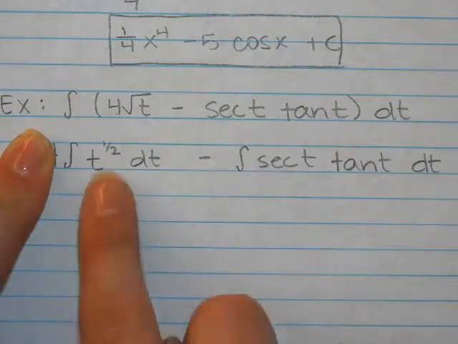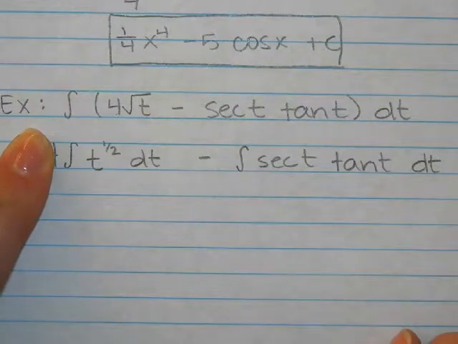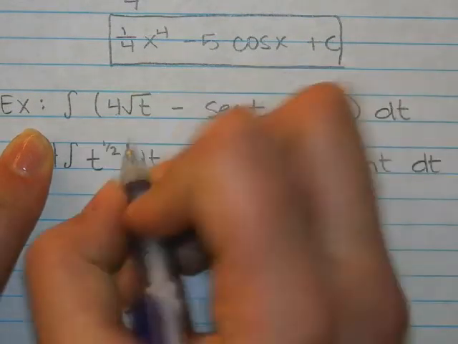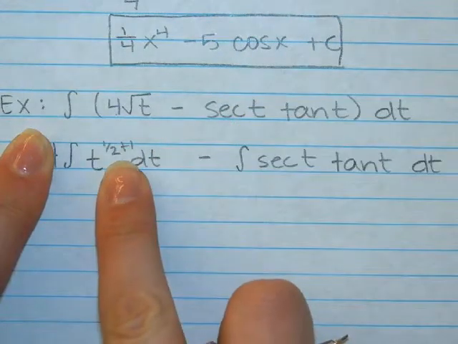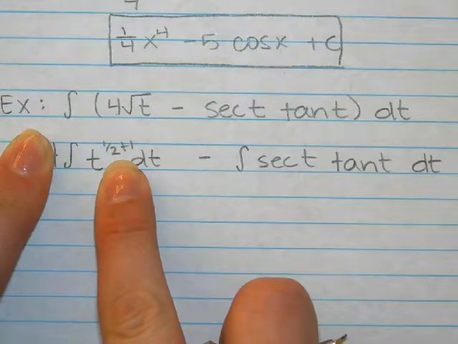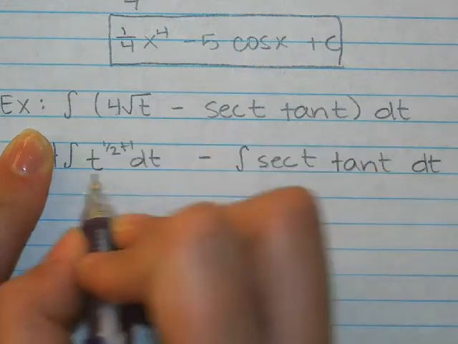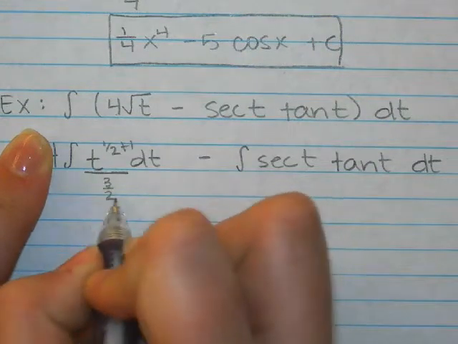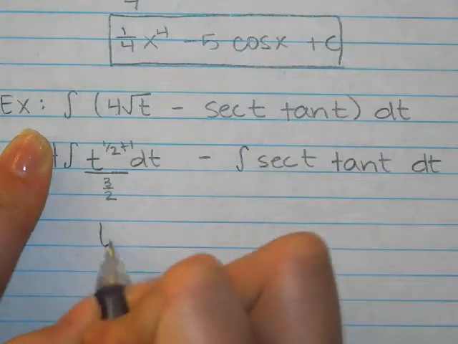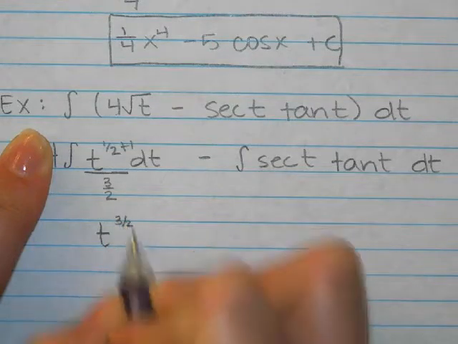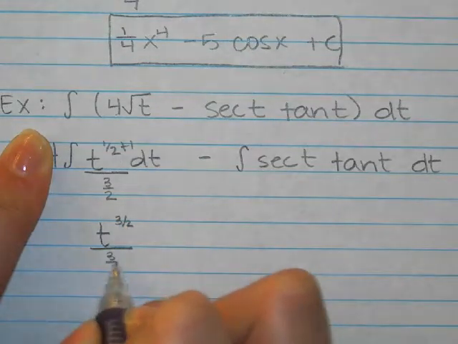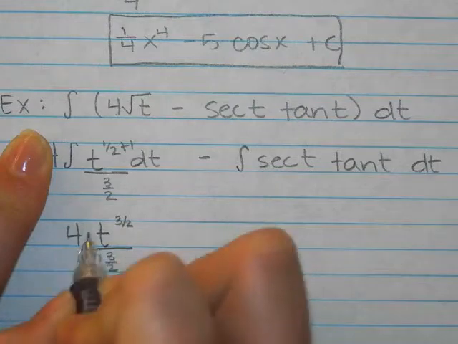I have an exponent of 1/2. What do I do to my exponent? Add 1. So 1/2 plus 1 is 3/2, and so I'm going to be dividing by 3/2. So I have t to the 3/2 divided by 3/2, and I've got a 4 in the front.